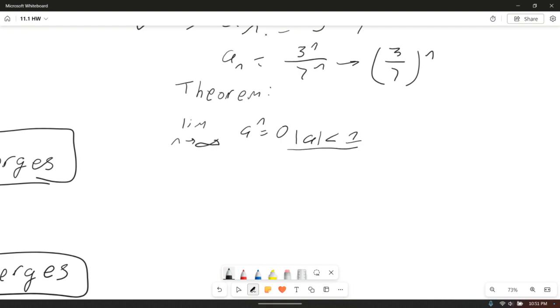So what do I mean by this? Absolute value of a is less than 1. Well, you can also write this as a is between -1 and 1, not including -1 and 1.